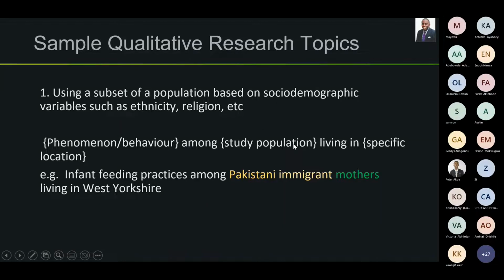And then the last variable to use is the location. It must be in a specific location. For example, here I've used West Yorkshire. Okay, so now you are doing a conceptual research, which is like a mini systematic review. It's not purely a systematic review, but it's just a mini because you will not follow all the steps.